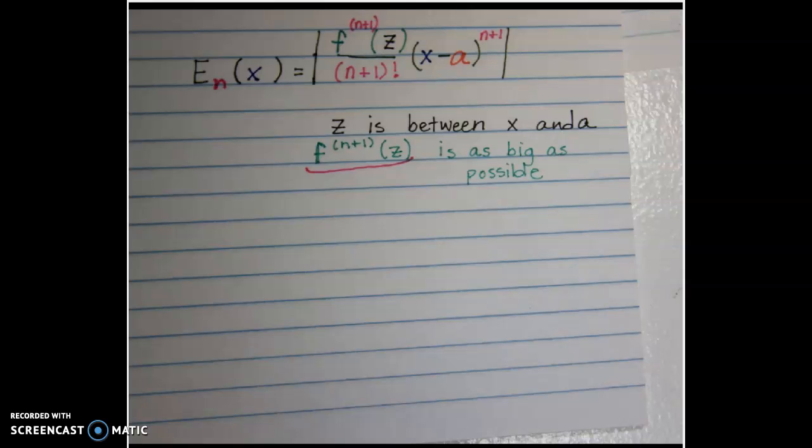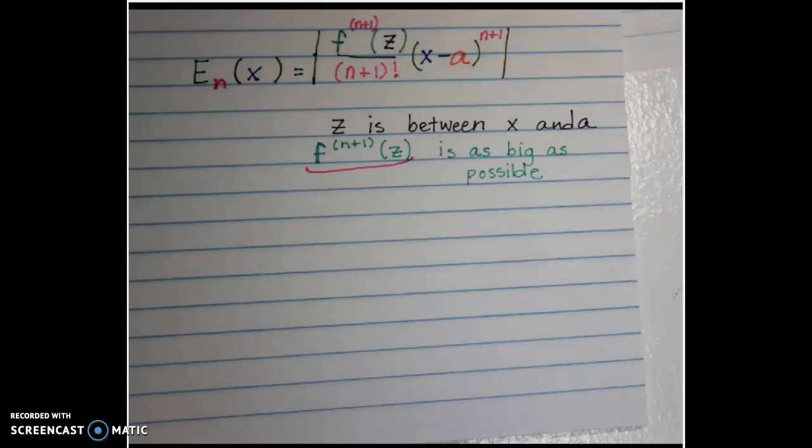The other thing to think about is if your derivative is a sine or cosine function, and you know how sine and cosine cycle through, you might not know exactly where you are in that cycle. It doesn't matter because the output for sine and cosine is never going to be any bigger than 1.